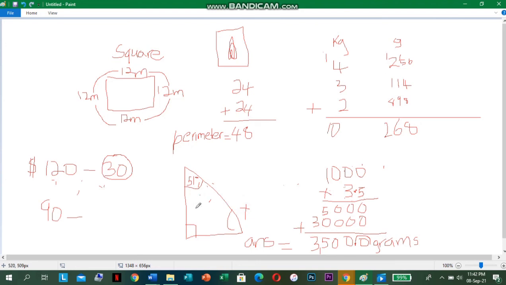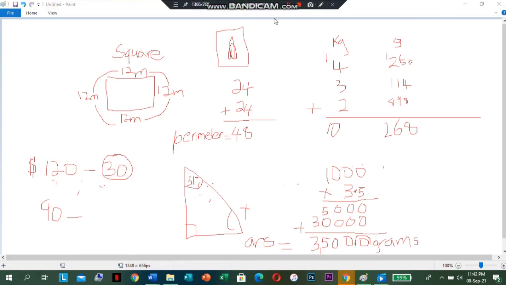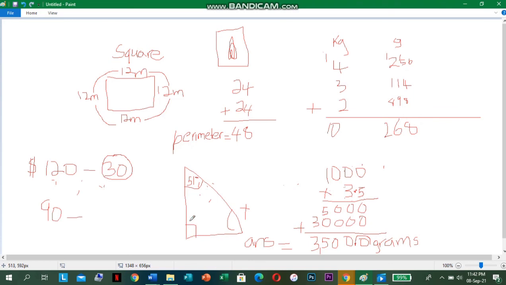So if all these interior angles measure 180 degrees, that means when we add them up, we must get 180 degrees. We know that a right angle measures 90 degrees.